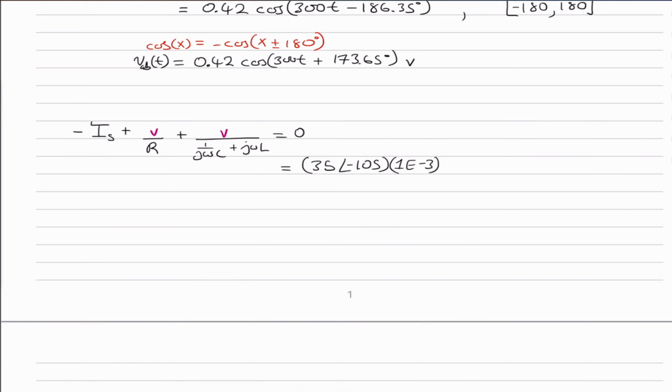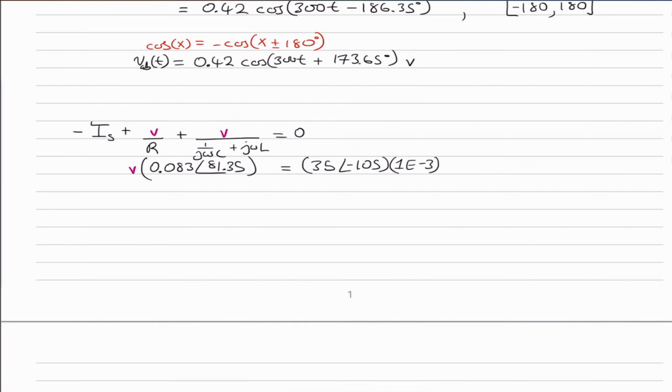And then when we factor out V, we combine 1 over R plus 1 over the following, and that simplifies to the following: 0.083 with an angle of 81.35.